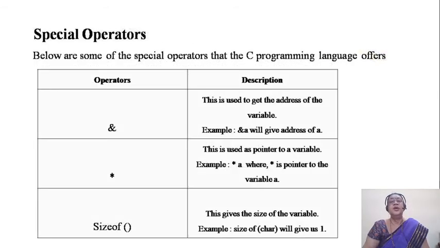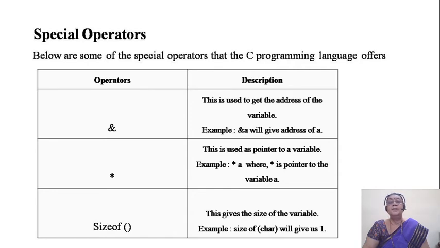We also have some special operators in C, like &. This operator is used to get the address of the variable.